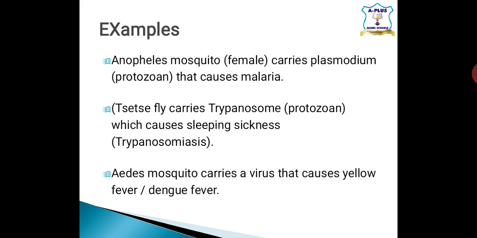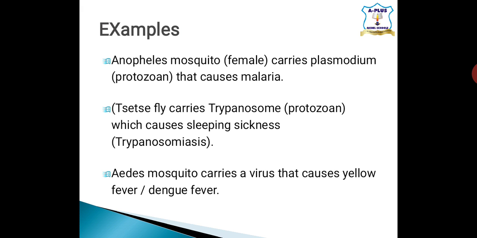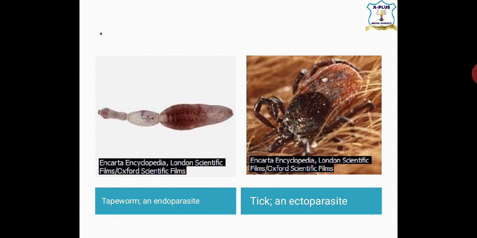Can you see the examples of biological ways in which vectors transfer pathogens? This is an example of a tapeworm, an endoparasite. When I say endoparasite, that means it is a parasite that lives inside the host. It does not live outside the host. So you can see a tapeworm, and beside it is another example, a tick.